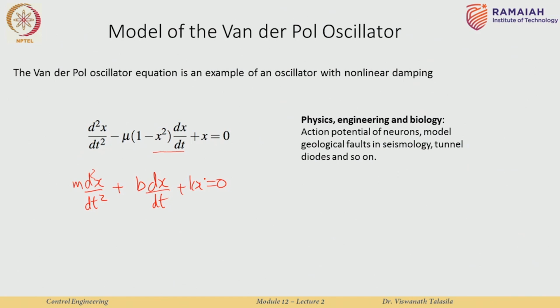This would be the example of a mass spring damper. In this particular case we have assumed m equal to 1, k equal to 1, and this damping term is of a specific kind.